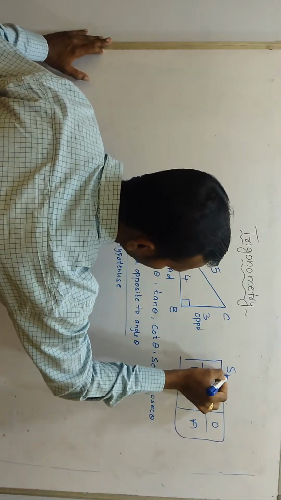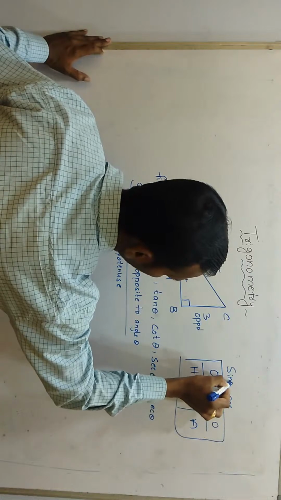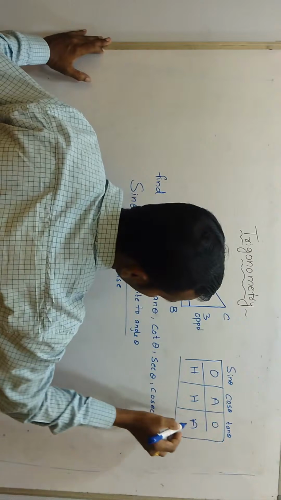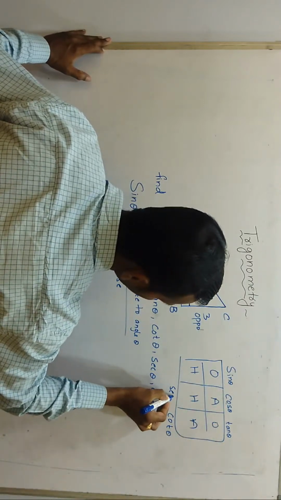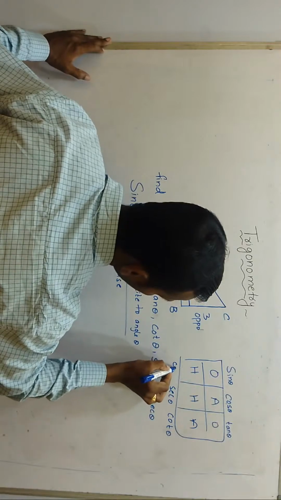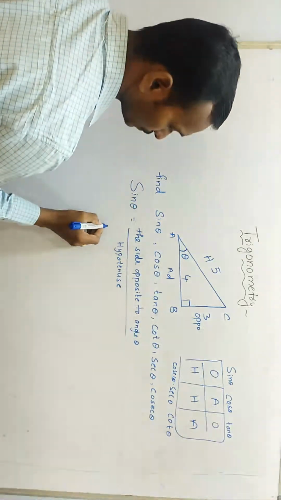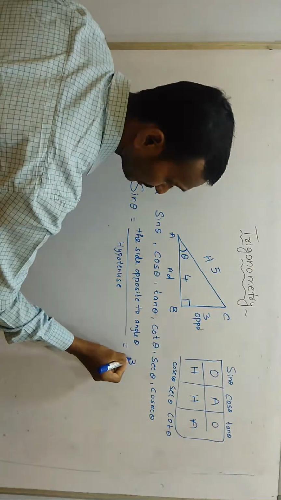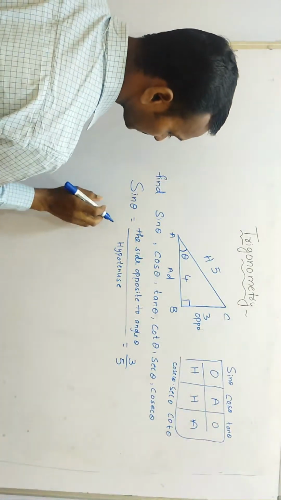This is sine, this is cos, this is tan, this is cot, this is secant, this is cosecant. So the answer: opposite is 3, hypotenuse is 5. Sin theta is 3 by 5.